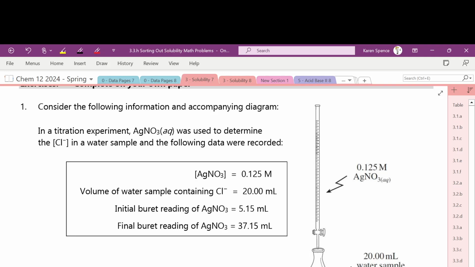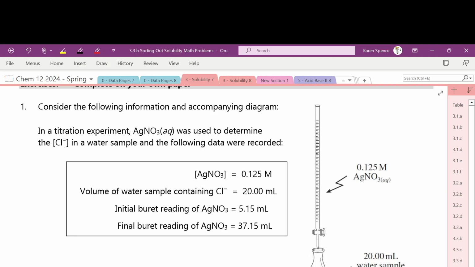Now the multiplying by 2: let's say you dissolve lead chloride, you would be multiplying the concentration of lead chloride by 2 to get chloride. You don't multiply the concentration of chloride by 2 to get chloride. Does that make sense? So the concentration of chloride does not equal 2 times the concentration of chloride.